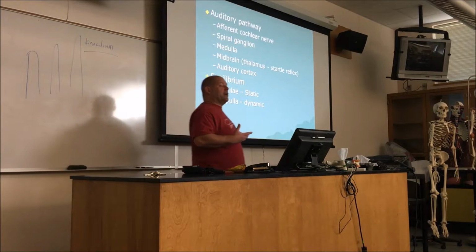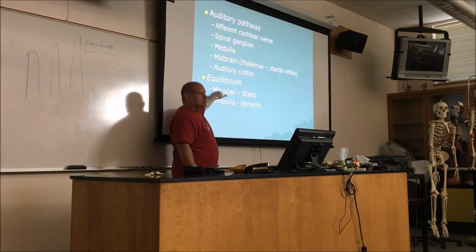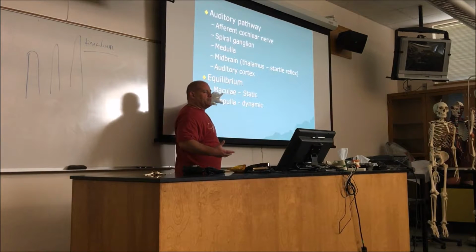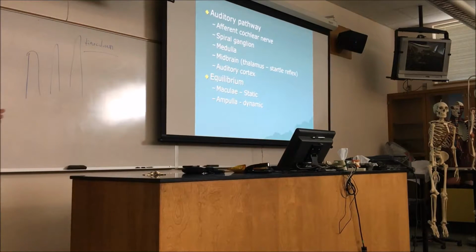Now, what we do have there are the saccule and the utricle, which contain a receptor called the macula, or the macula for singular. Okay? This has to do with linear movement.